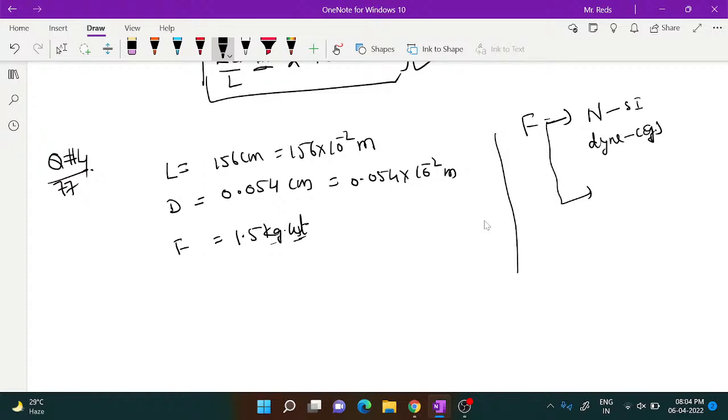The gravitational unit of force in the SI system is kg weight, and the gravitational unit of force in the CGS system is gram weight. But this is a gravitational unit, not a conventional unit.